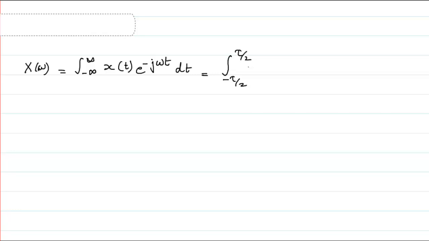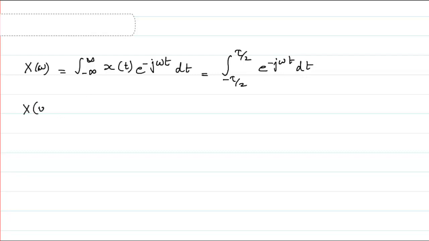Outside that limit it is 0, so there is no point in writing the limit outside that. Inside it is 1 into e raised to power minus j omega t dt, which we can directly solve.